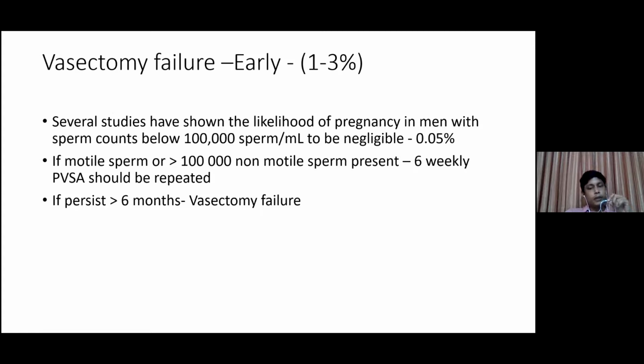So we have to repeat the semen analysis every 6 weeks, and test again after 6 months. If they still persist to have motile sperm, or more than 100,000 non-motile sperm, we have to consider it a vasectomy failure.